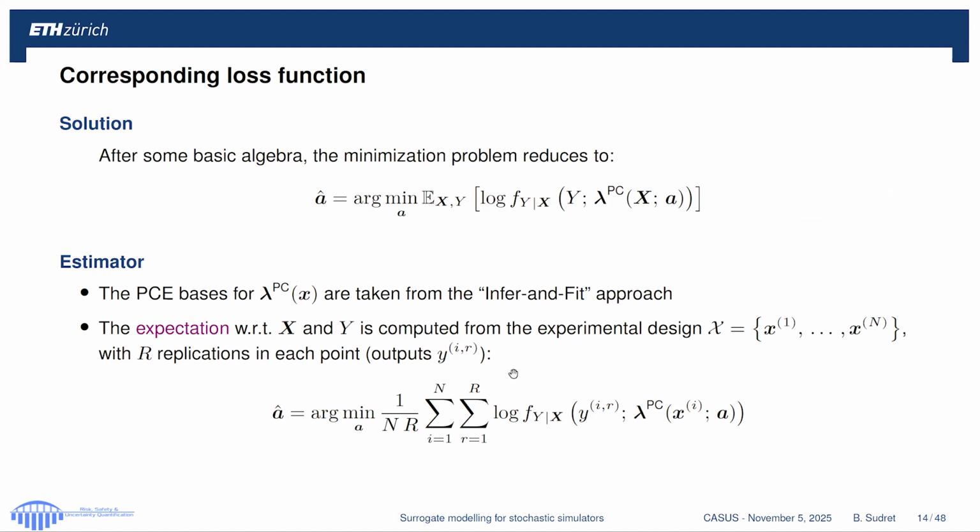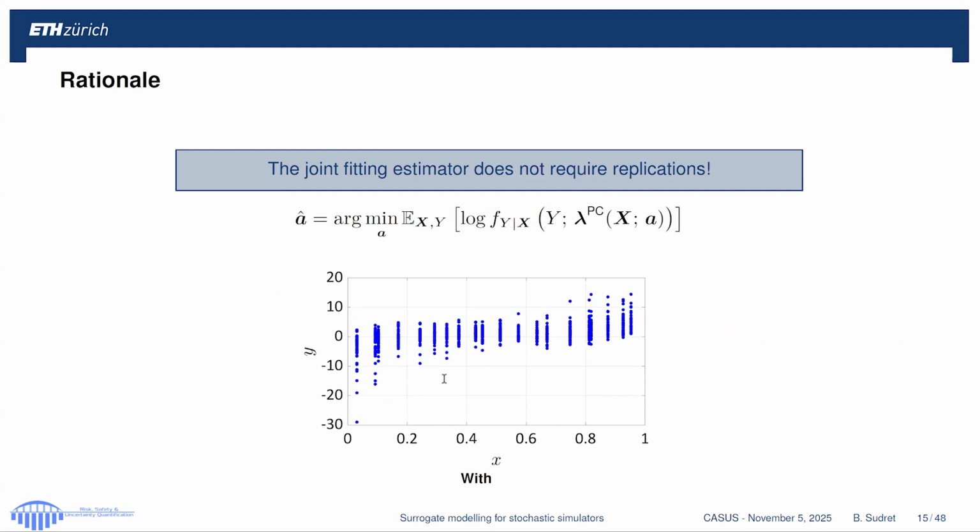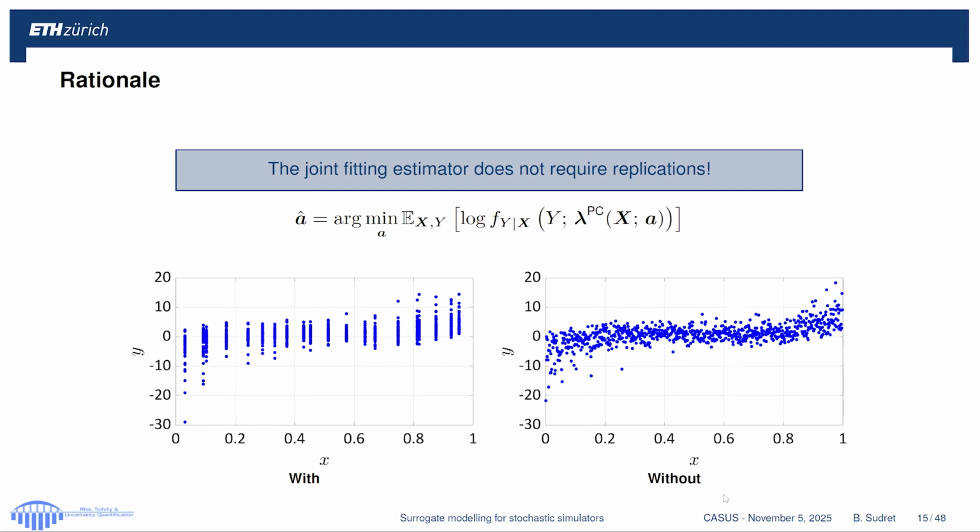The thing is that when we arrive at this step, this equation also works for r equal 1, that is, when you don't have replication. This was the next step. Instead of assuming that in 1D you have different x's and for each x you repeat the calculation and get different y's, we can take all kinds of different x's, and for each x only a single run, so no replication, just whatever random seed.